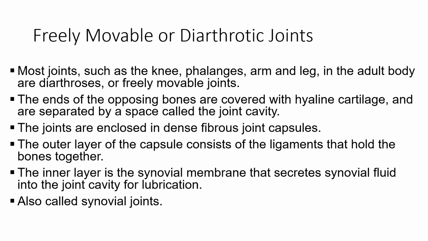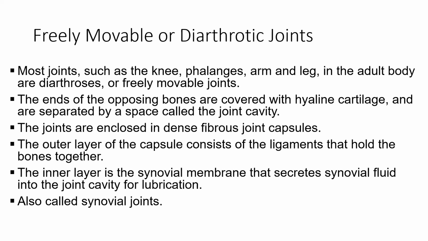Now, we haven't given up on hyaline cartilage. We coat the end of all these bones that articulate together with hyaline cartilage to reduce any kind of friction. Bones don't like to rub against other bones. So to avoid that, we line the bone surfaces at the joint with hyaline cartilage, and we put them in a capsule filled with fluid.